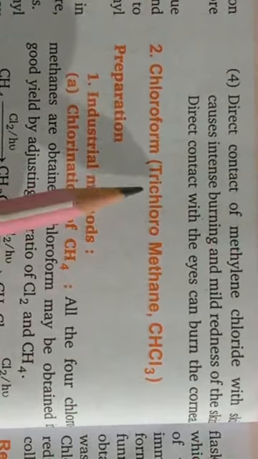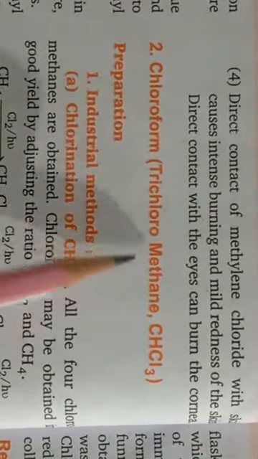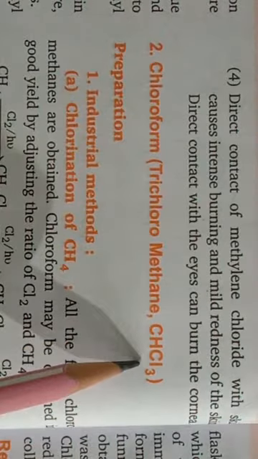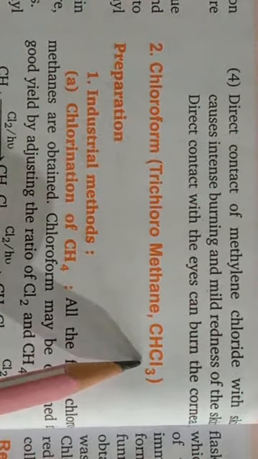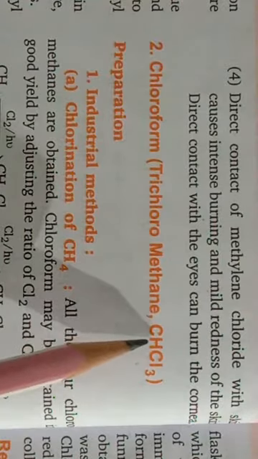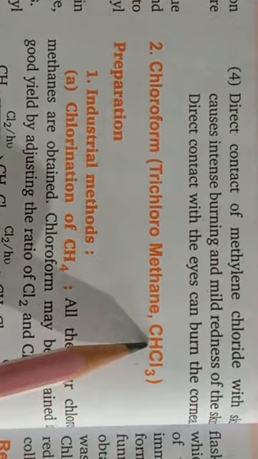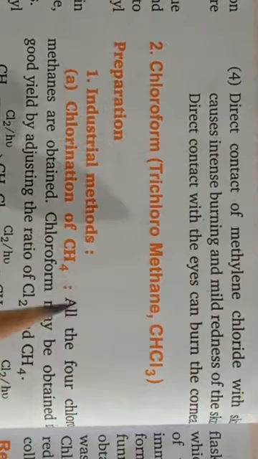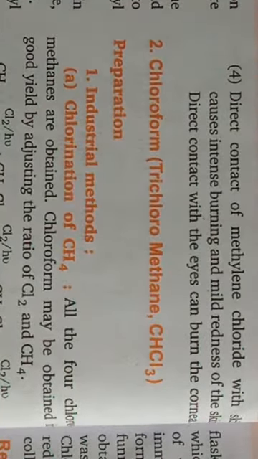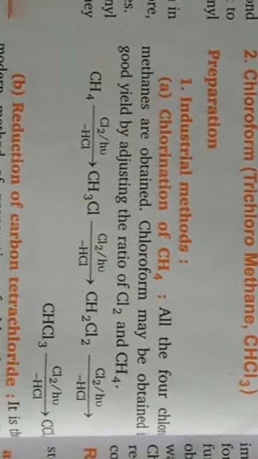The IUPAC name of chloroform is trichloromethane, and the molecular formula is CHCl3. According to this molecular formula, 3 hydrogen atoms of methane get displaced by 3 chlorine atoms in chloroform. Okay, so preparation.